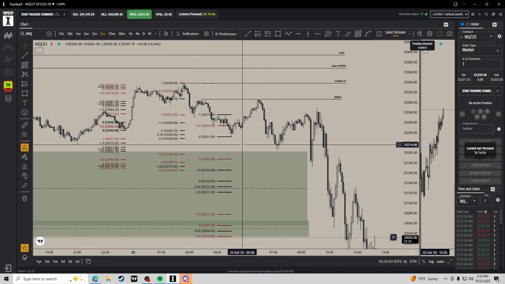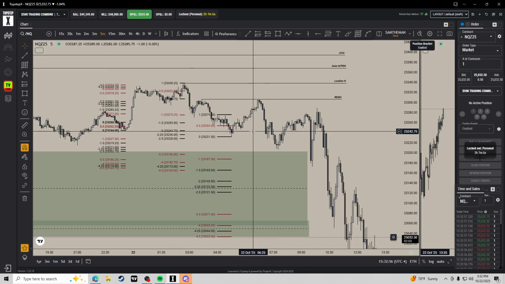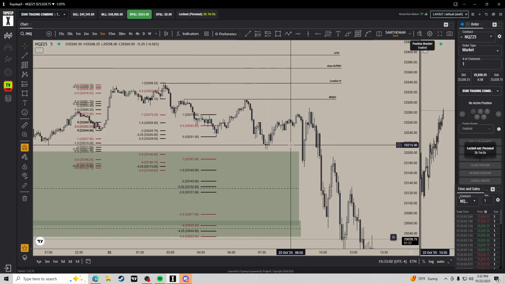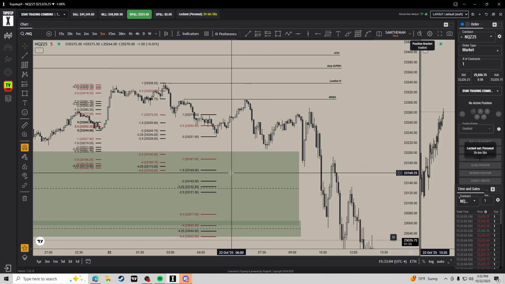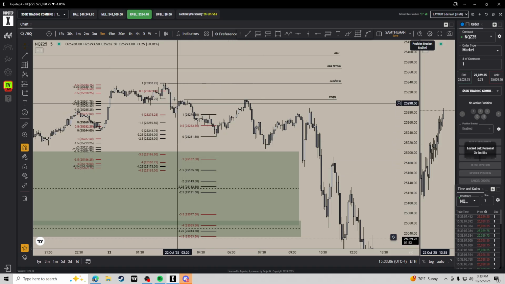There's so many times where I think I marked something right, and it might not even play out. So I don't really have that confidence.